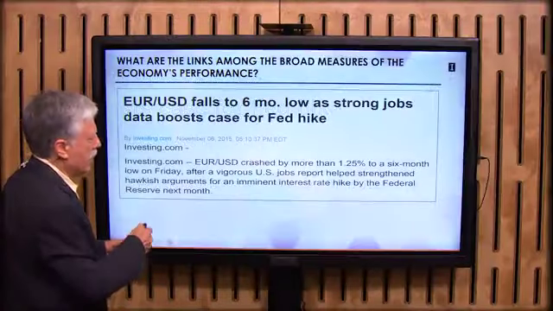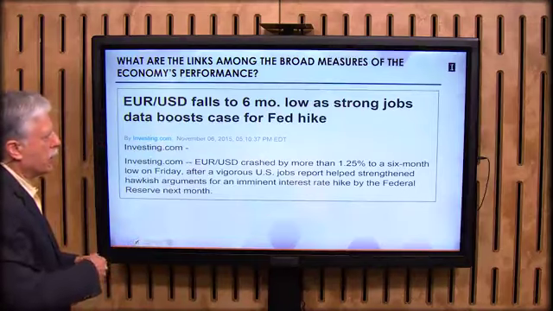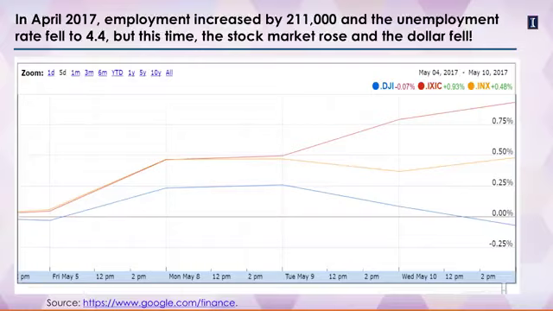In fact, this kind of effect does not always show up when the unemployment rate goes down or employment improves. For example, let's take a look at the announcement in May 2017 by the Bureau of Labor Statistics about the job market in April of 2017. 211,000 jobs were generated in that month, and the unemployment rate fell to its lowest level in 10 years, 4.4%.